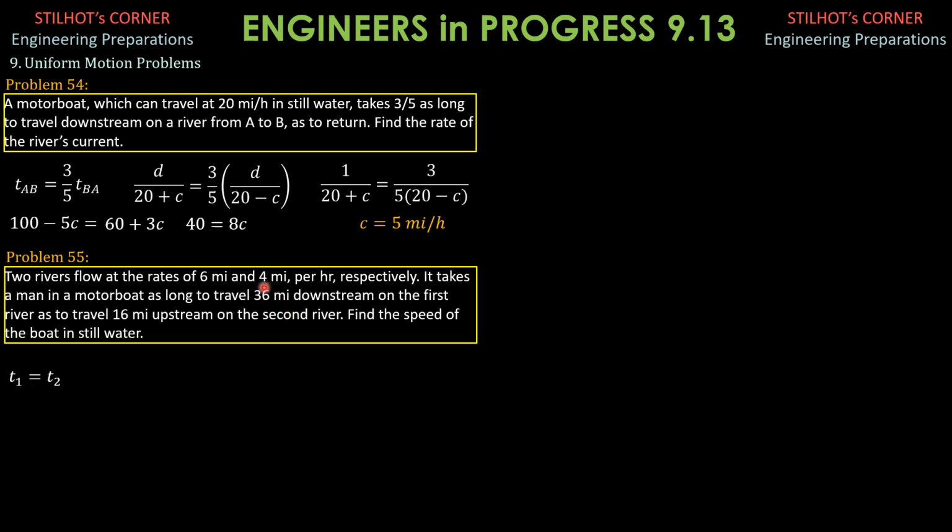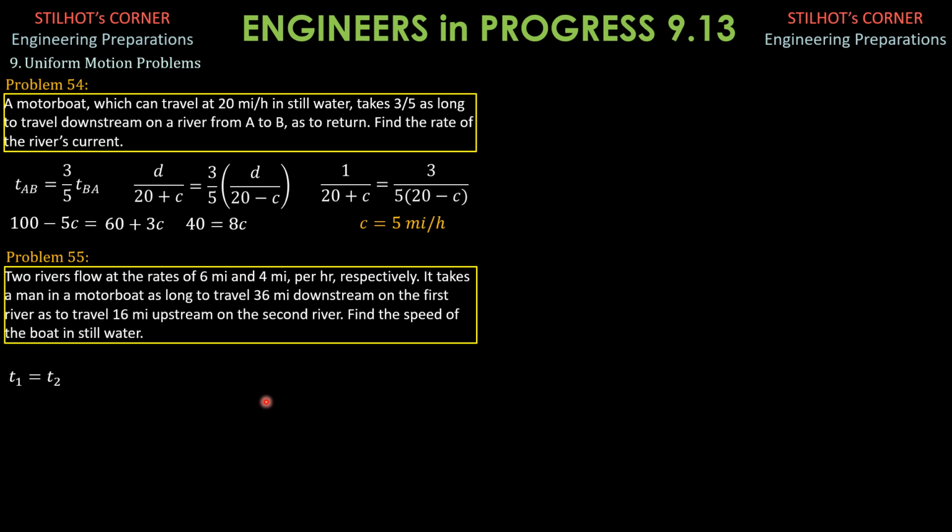T1 is distance 36 divided by V plus 6, because this is the rate of the current in river A. Then the direction is downstream for river A, while T2 is 16 miles, that's the distance, and the motorboat travels upstream on the second river, so the effective speed is V minus 4.